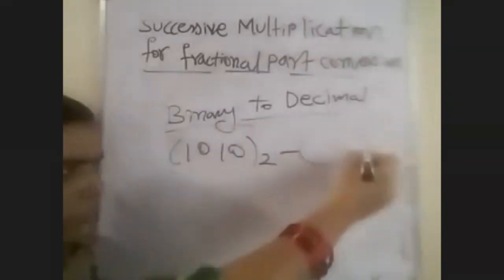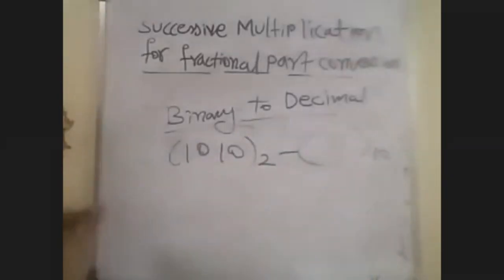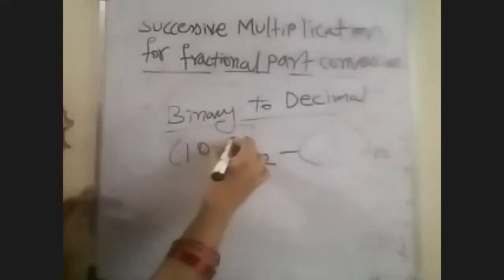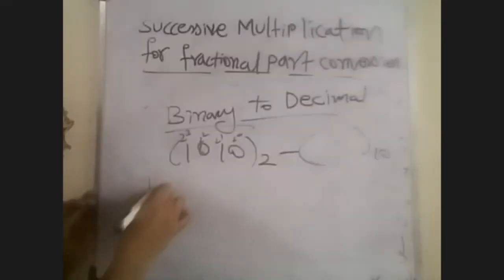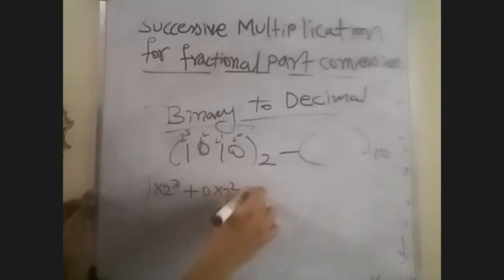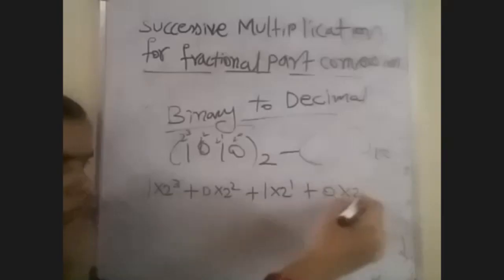We will convert it to decimal. So what is the radix now? 2. So this will be 2 power 0, 2 power 1, 2 power 2, 2 power 3. So 1 into 2 power 3, plus 0 into 2 power 2, plus 1 into 2 power 1, plus 0 into 2 power 0.